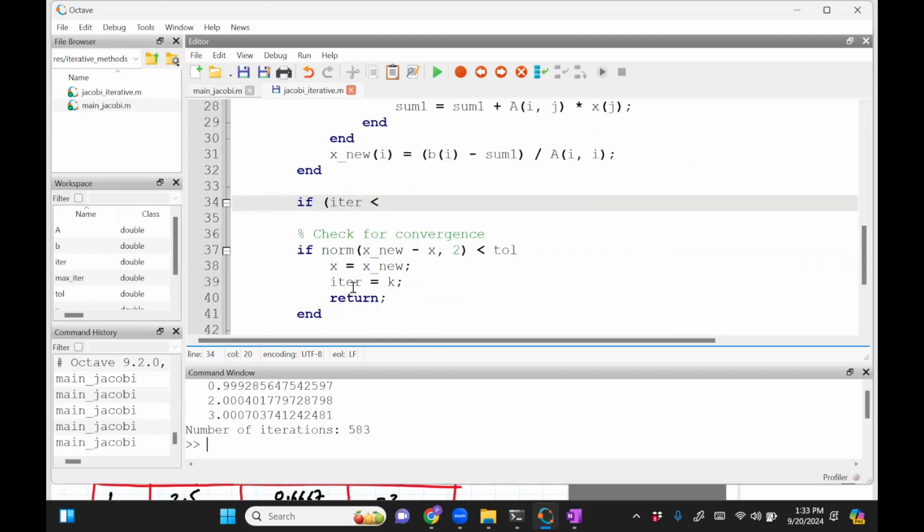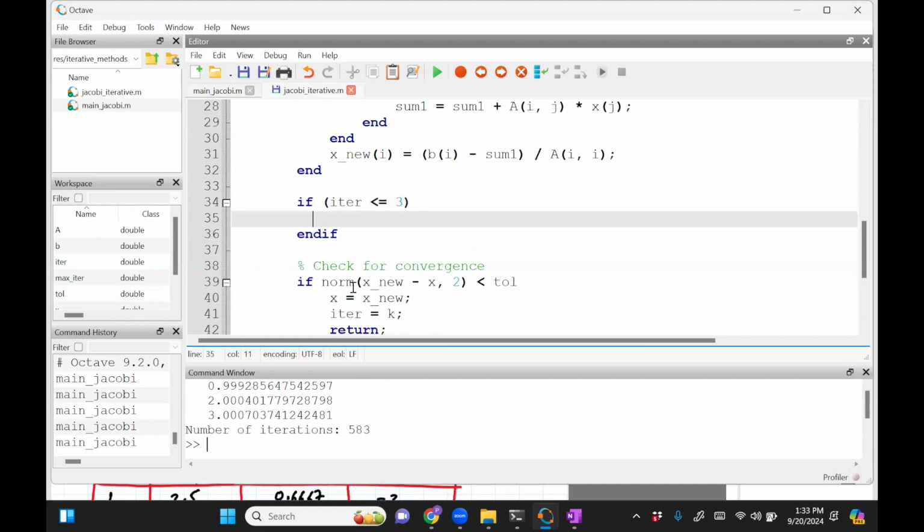If the iterations are less than or equal to 3, because I only want to print the first 3 iterations, I'll just make it disp x1 equals x new 1, x2 equals x new 2, x3 equals x new 3. I think I forgot something. Okay.